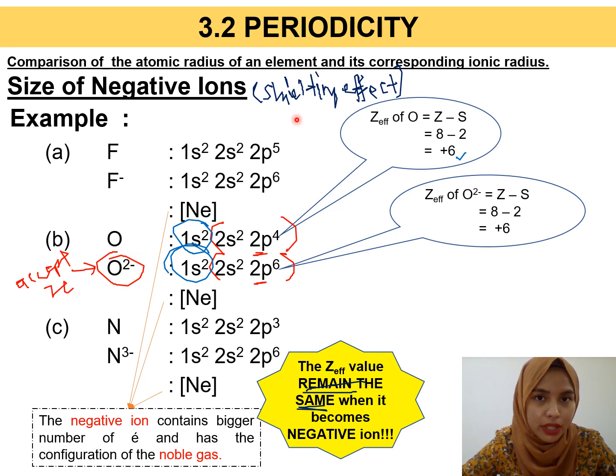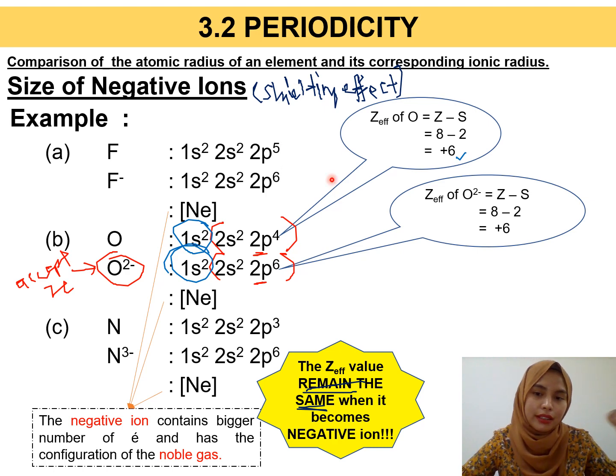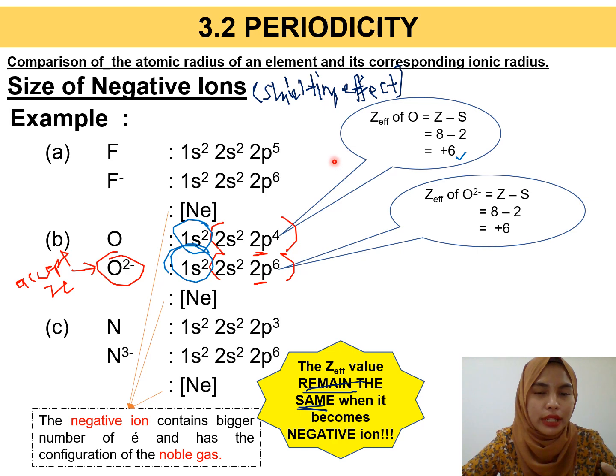Therefore the shielding effect will also increase. When the shielding effect increases, does the attraction between electron and nucleus become stronger? No. When the shielding effect increases, the attraction between electron and nucleus becomes weaker. When it becomes weaker, its orbital will expand. When its orbital expands, therefore the size of negative ions will be bigger than its corresponding atom.